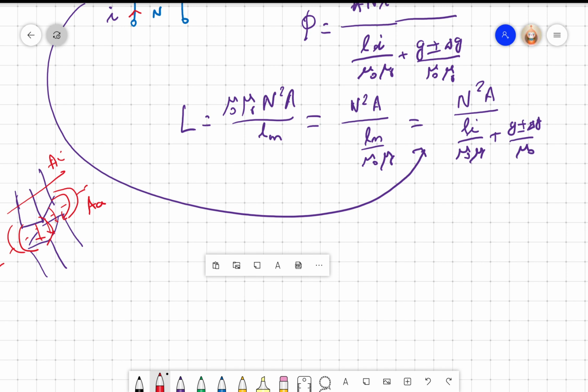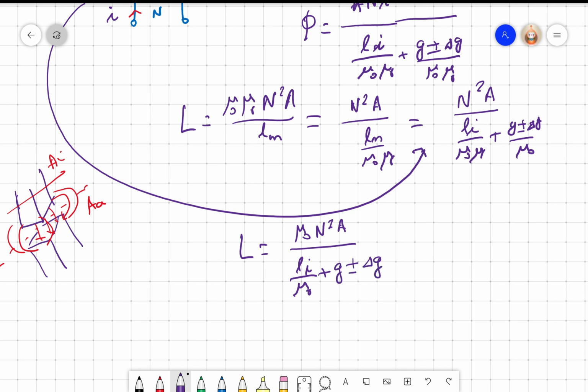So here I can take the mu naught. So I have inductance L. L is equal to, I will take the mu naught up, mu naught n square A is in the denominator. Here this is Li by mu r plus G plus or minus delta G, right? Okay, so if air gap increases, denominator increases, so delta L will decrease.